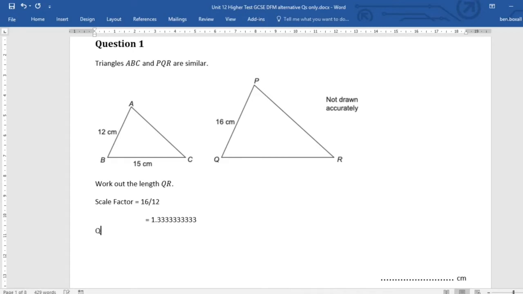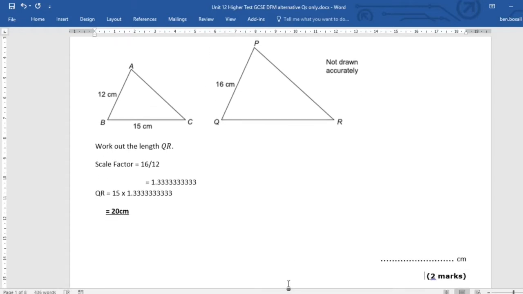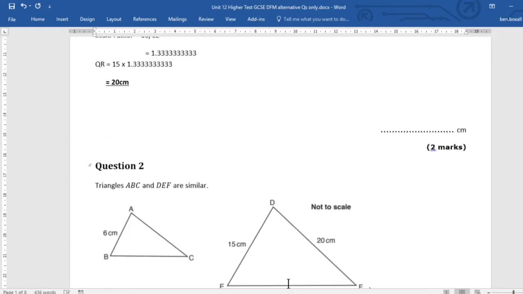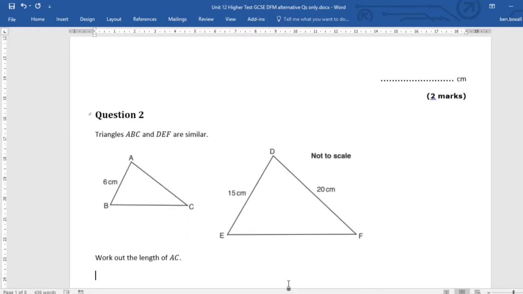Right, QR will equal 15 multiplied by 1.33333, and doing that on my calculator I get 20 centimeters. So there's the answer to the first question. I'm not going to put in the dots here, I'm just going to leave it there for the benefit of getting through this quickly.